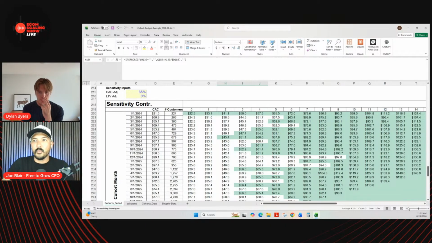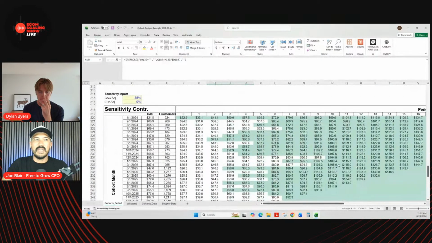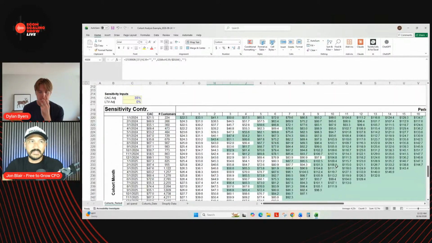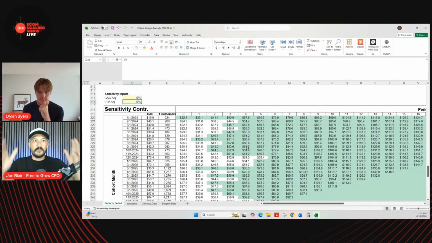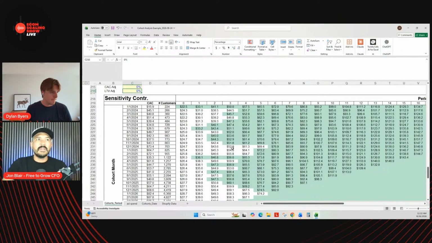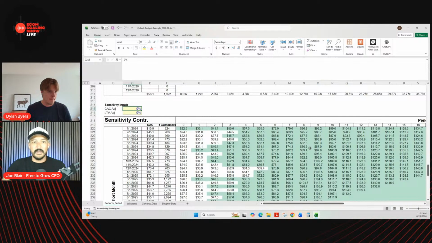So one thing that we like to do, and this is the simplest version that I could put together for everybody here, first takes your actual historical LTV and margin dollars and your historical CAC for each cohort. Then what it allows you to do is what we call in finance sensitivity analysis.